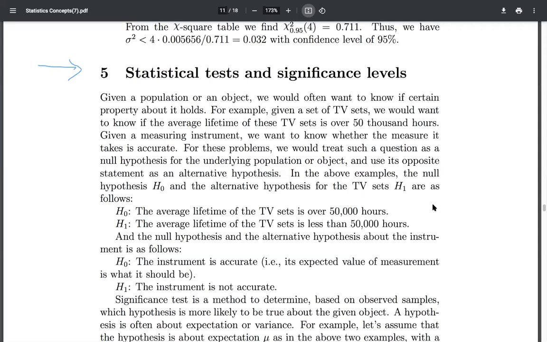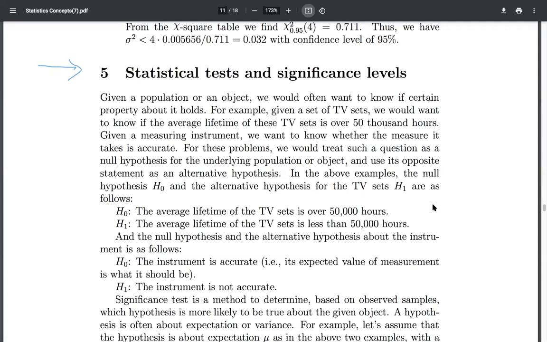Since the population follows the same distribution, we have two directions. One direction is that I know the underlying distribution, for instance it follows a normal distribution, but I don't know its expected value and its variance.